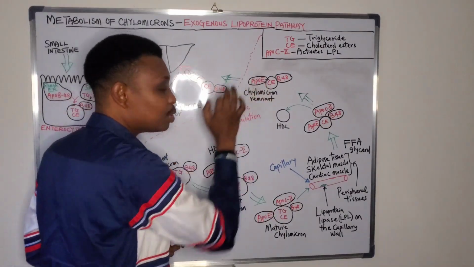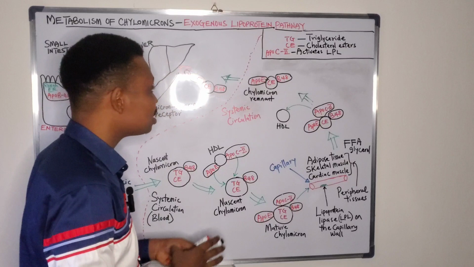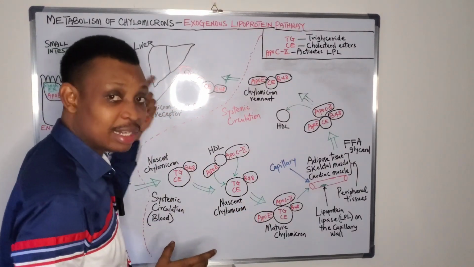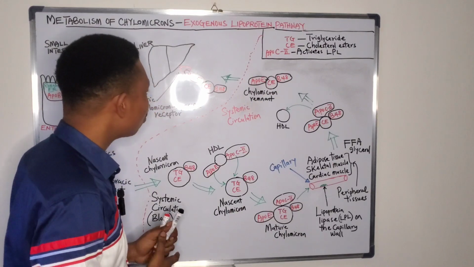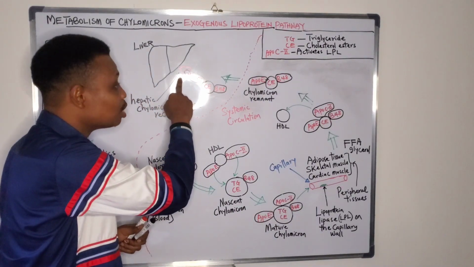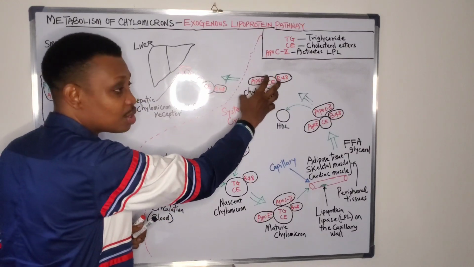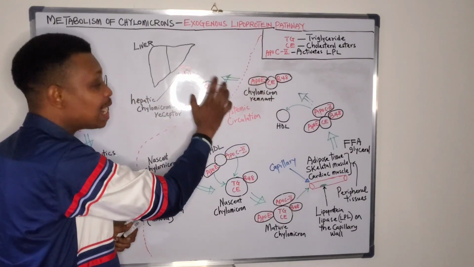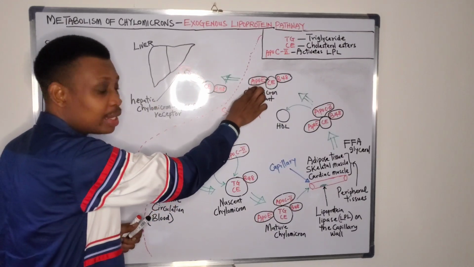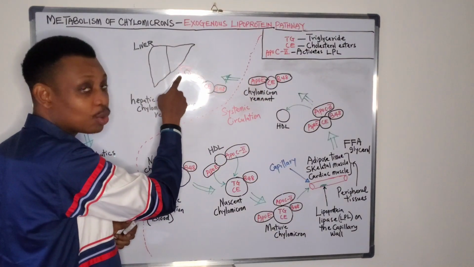The purpose of ApoE is for recognition. It is recognized by the specific receptor on the liver cells. So this receptor here is specific to ApoE. So this chylomicron remnant moves towards the liver, and on getting to the liver, this ApoE binds to its specific receptor.